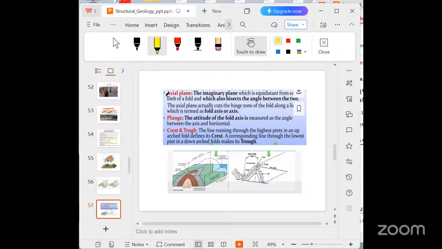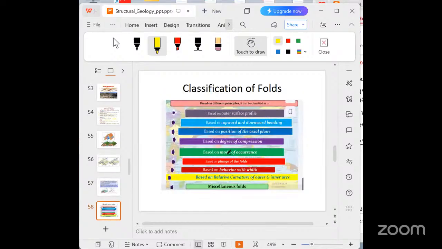Now you see here axial plane, plunge, crest, trough. Here also I wrote. Axial plane is the imaginary plane which is equidistant from each limb of a fold and which also bisects the angle between the two. So this is axial plane, and plunge, and crest and trough, right?